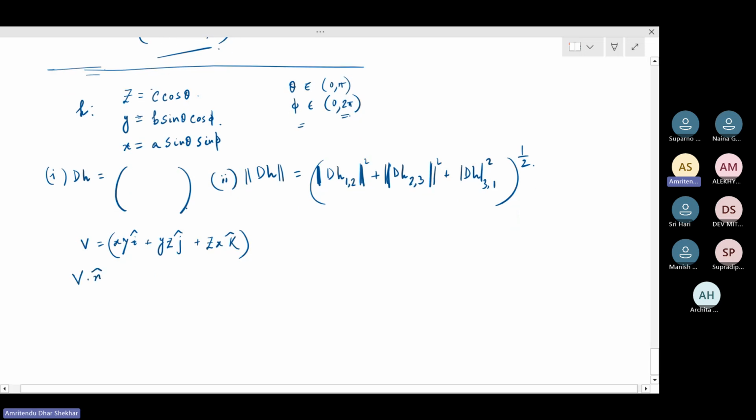Now, what is n cap? The n cap is the unit normal at a particular point.